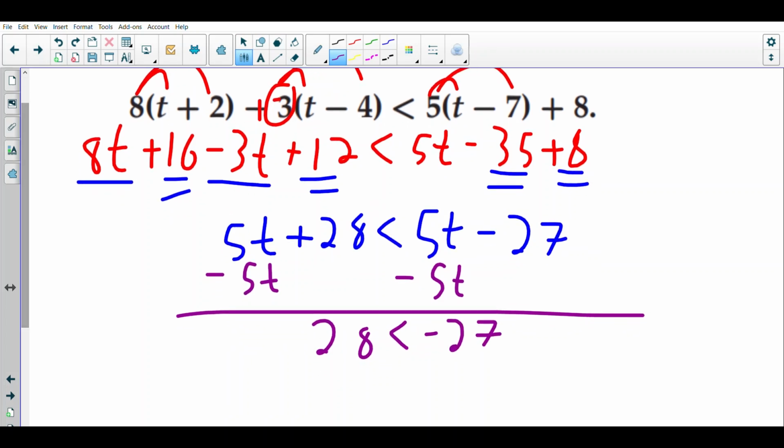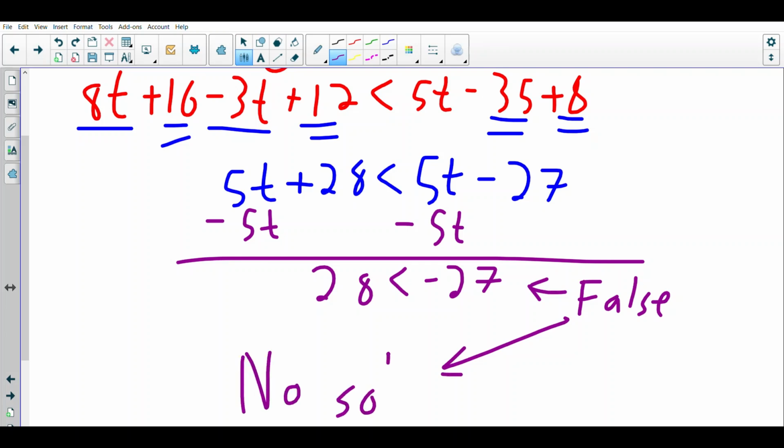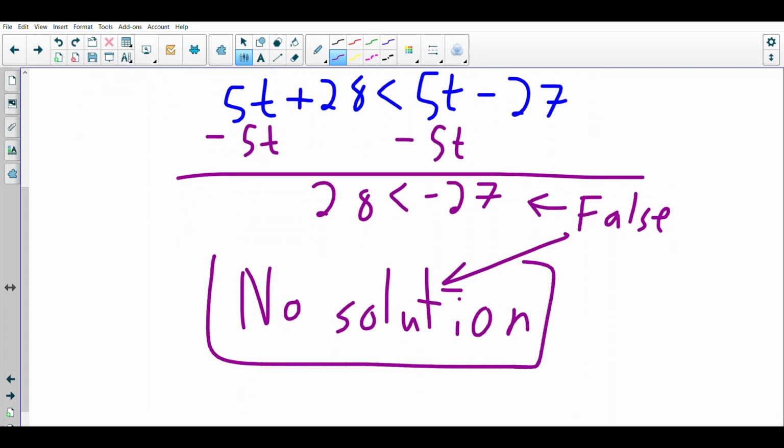My t's are gone. That's a false statement. Remember, this is a rule: if you ever come with no variables left and get a false statement, that means there is no solution. So your answer in this case is no solution. It can happen. That's a good thing.